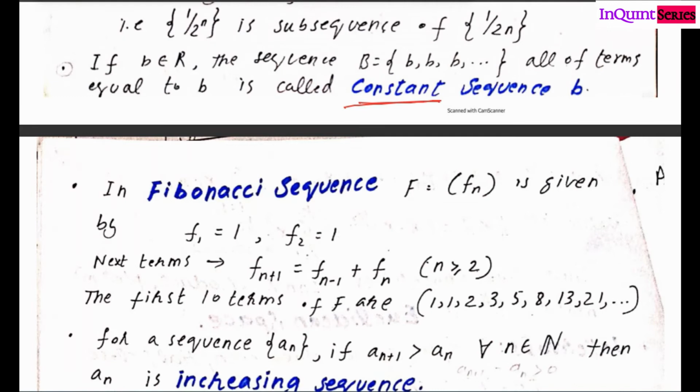The first two terms of the sequence are 1 and 1, and we can get the other terms with the help of this rule, that is f_(n+1) is equal to f_(n-1) plus f_n, where n is greater than or equal to 2. So the first terms of that sequence are 1, 1, 2, 3, 5, 8, 13, and 21.